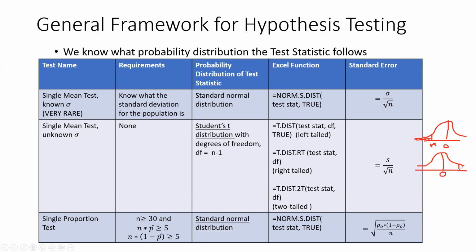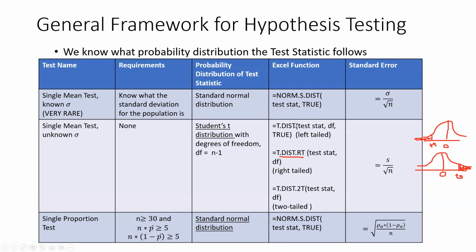Again, in this case, we have a test statistic that's positive, so it's greater than 0, and we want the amount of probability that's out here in the tail above that test statistic. That's obtained using the function T.DIST.RT.